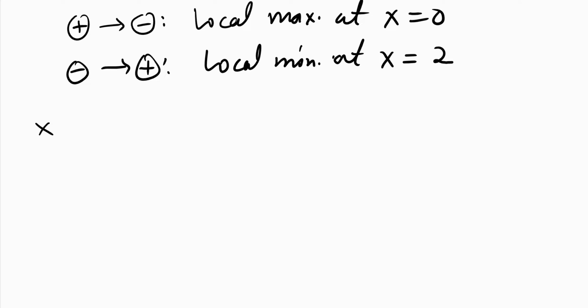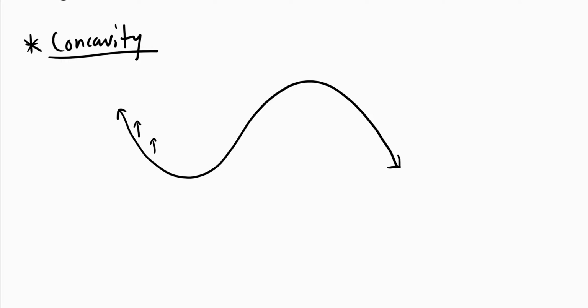Now we introduce concavity and the concavity test. So first, what is concavity? Let's say I have a graph like this. Notice we graph from left to right. I see the graph is opening up. As you can see, this is opening up to maybe this point, let's say. Up to this point. Then it starts opening down. So in the first half on the left, this is opening up, so it concaves up.